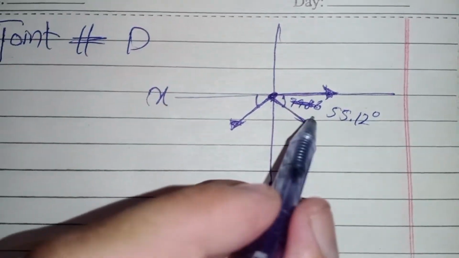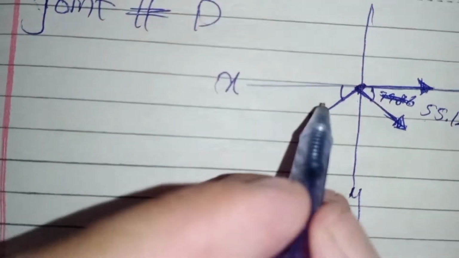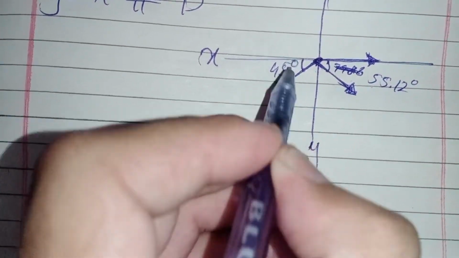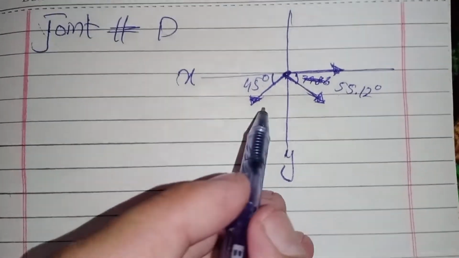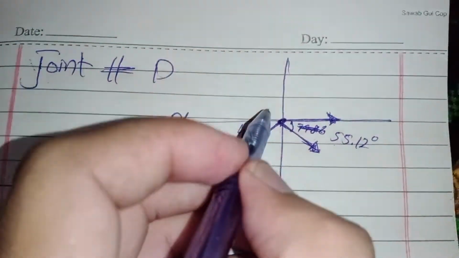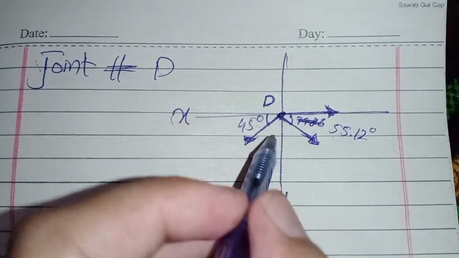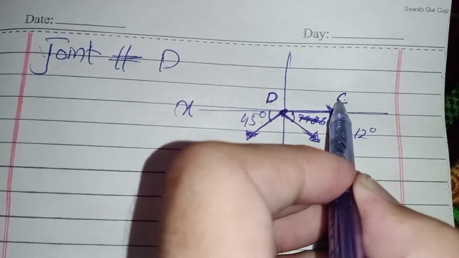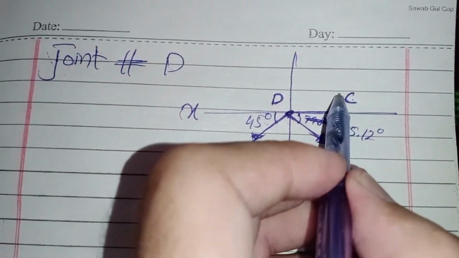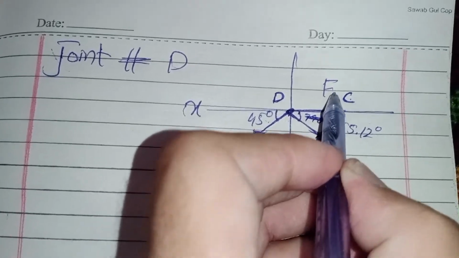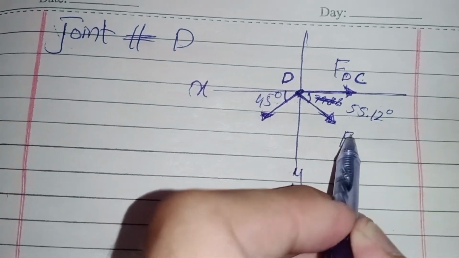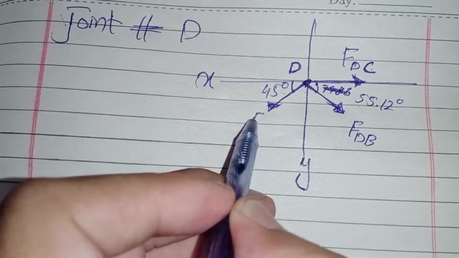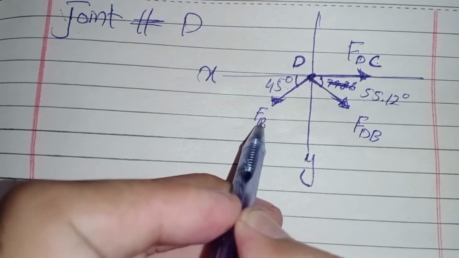Okay, this is beta and this is gamma 45 degrees. This will be 45 degrees. The joint is D, this is C, and force FDC, and force FDB, force FDA in member DA.